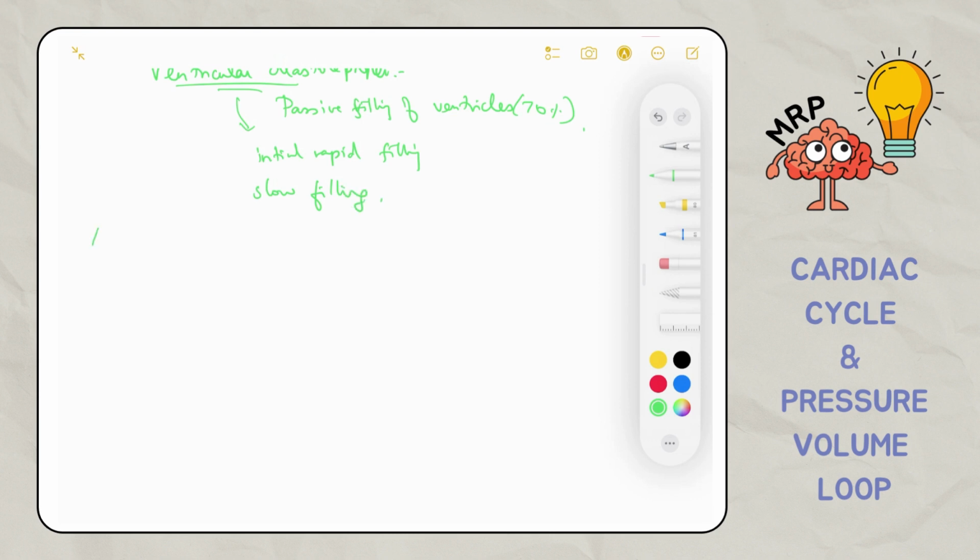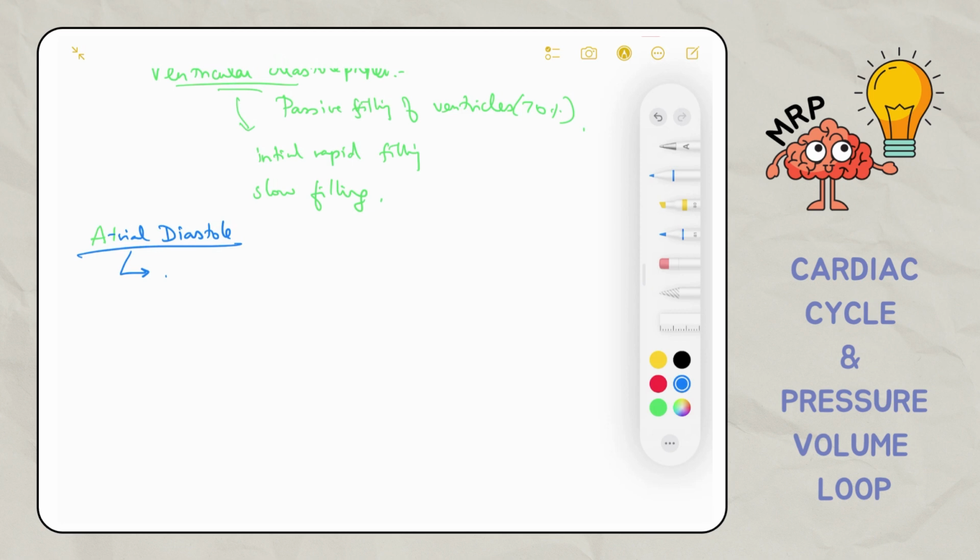Once this is done, what simultaneously happens is the atrial diastole. The atrial muscle relaxes and the pressure gradually increases due to the venous return.